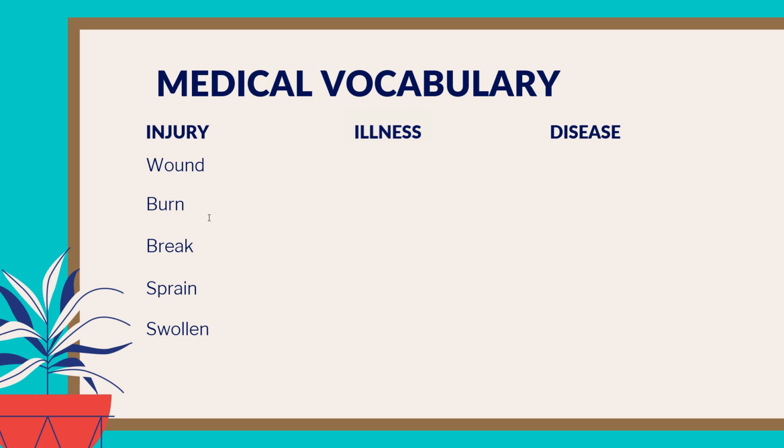Next, we have illness. Now, everybody gets ill at some time. If you say sickness, it may mean the same thing in some cases, but we'll see their difference later. For example, we have things such as a cold, with sneezing and coughing and more symptoms.